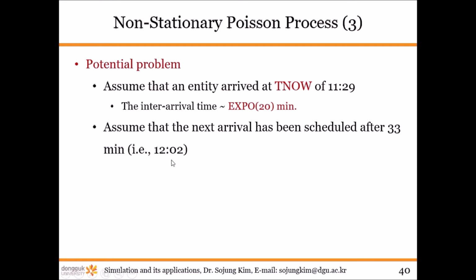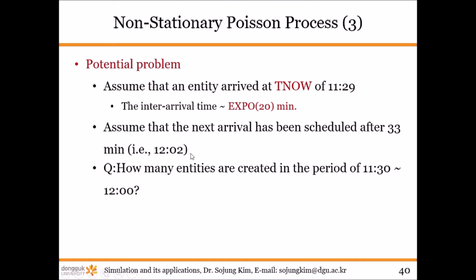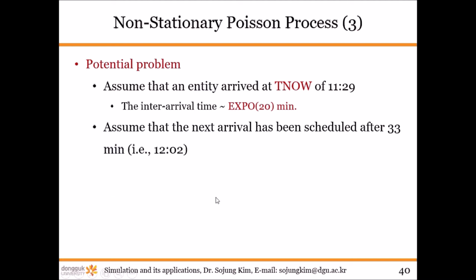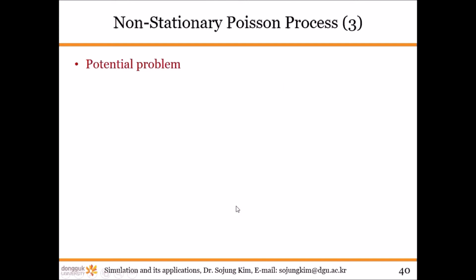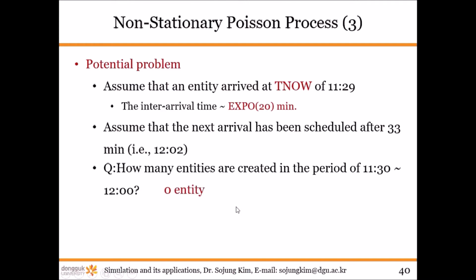So in this case, you cannot generate any entity during this time slot, so you cannot really consider the characteristics of the last time interval from 11:30 to noon. That's a potential problem.